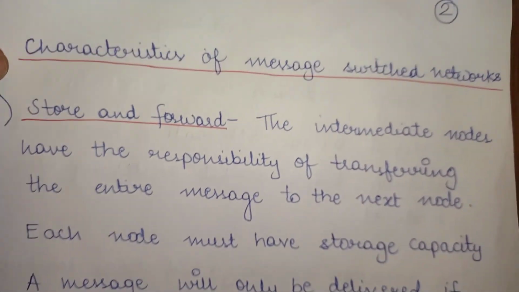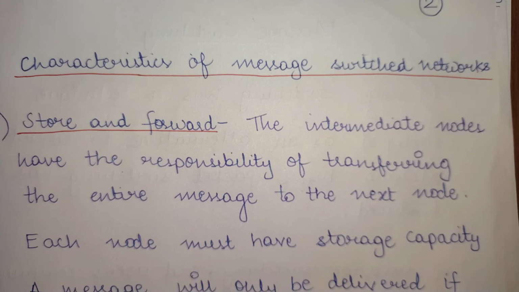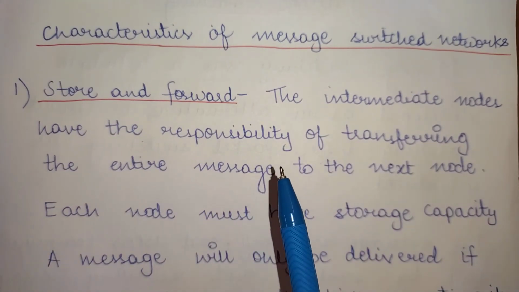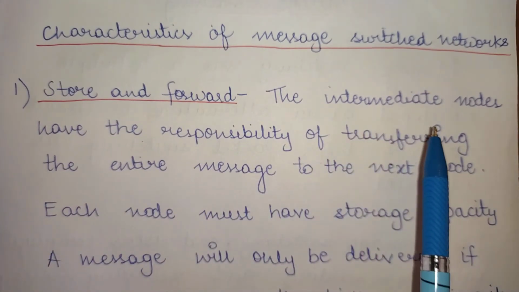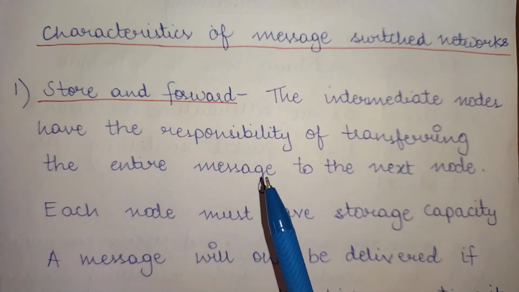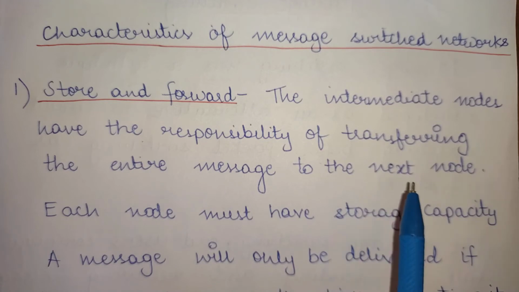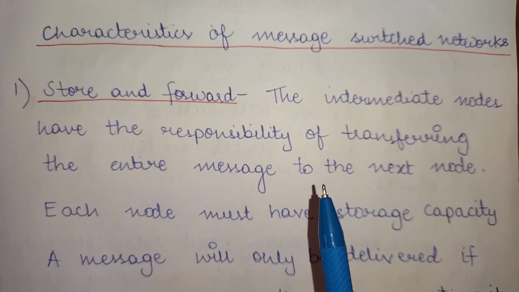Okay. Now, what are the characteristics of message switching or message switch networks? The first characteristic is store and forward. What is this? The intermediate nodes have the responsibility of transmitting the data packets, as I said. From the sender, one node receives the packet, then it passes it on to another node and so on till it reaches the intended receiver.